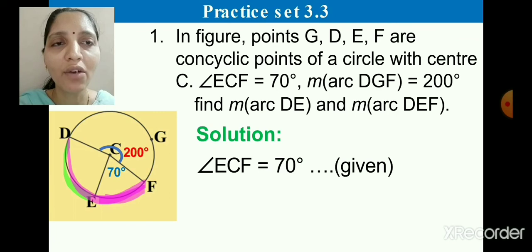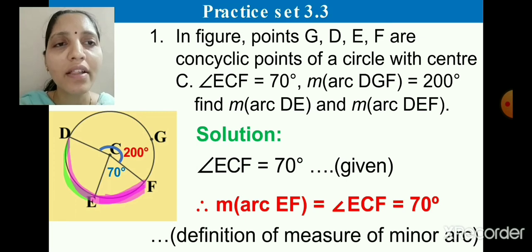So let's write down: angle ECF is equal to 70 degree. Reason is it is given to us. Therefore, arc EF is equal to angle ECF is equal to 70 degree. Reason you will write as definition of measure of minor arc.